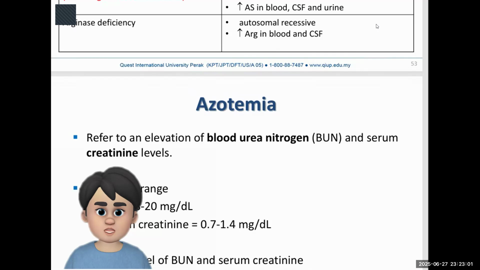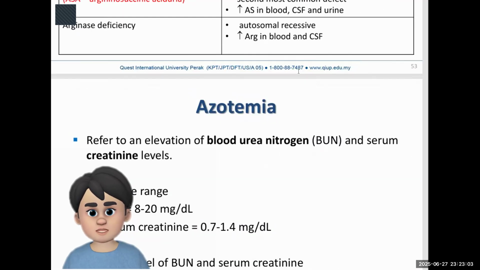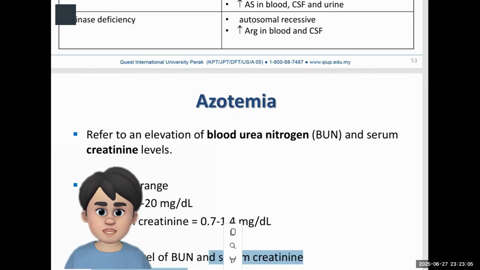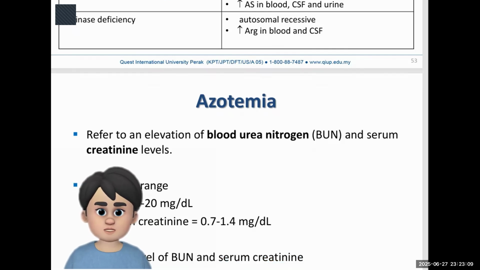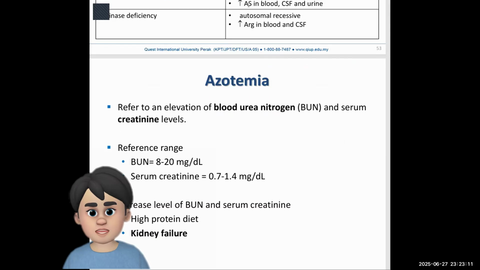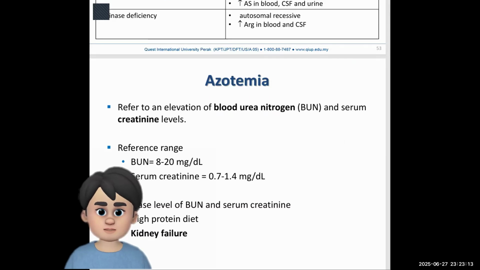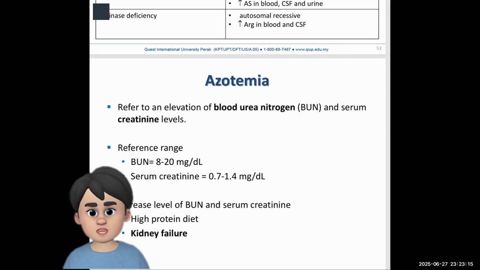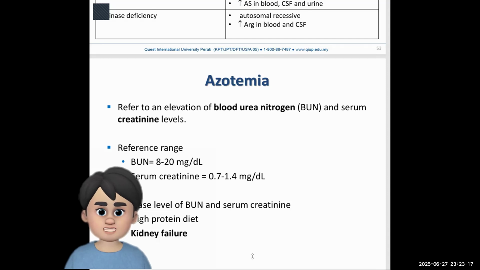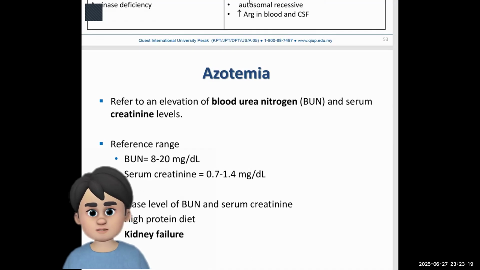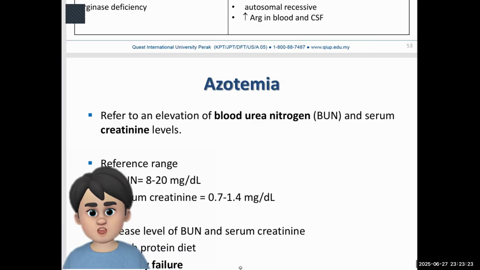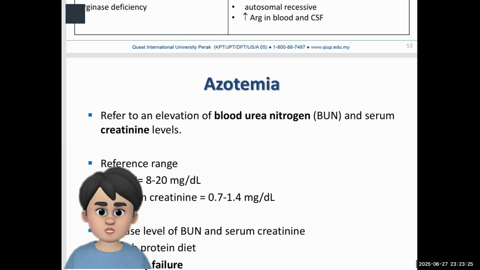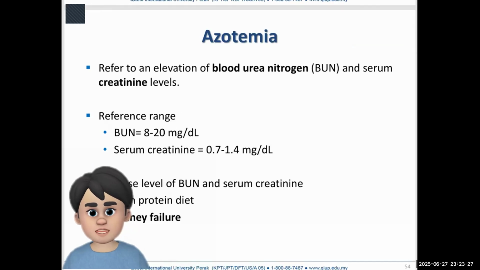The next condition is azotemia. Some people misunderstand this condition. Especially when you are learning biochemistry, you should know these basic terms.